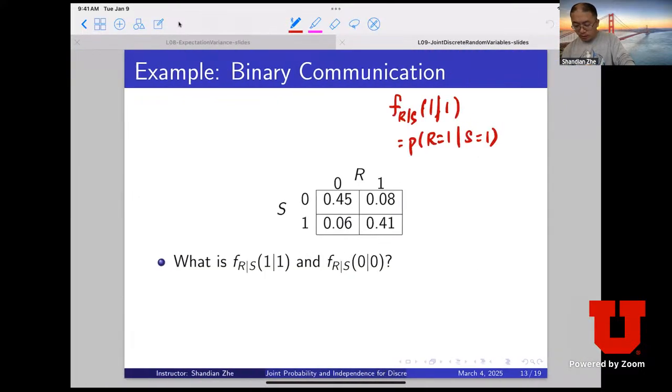According to the definition, this is a ratio. The numerator will be the joint density at 1 and 1, divided by the denominator, which will be the marginal density for S only evaluated at 1.